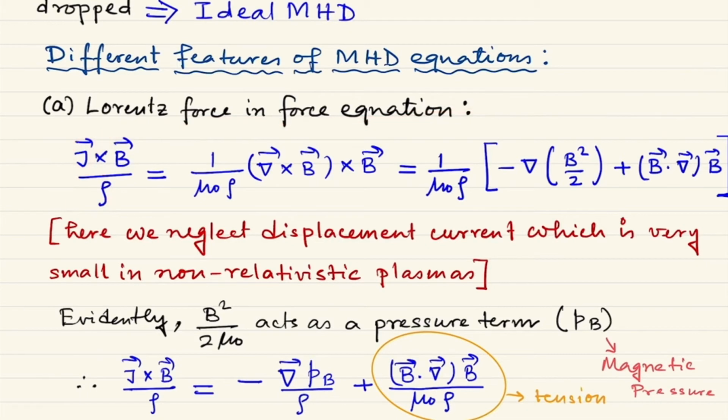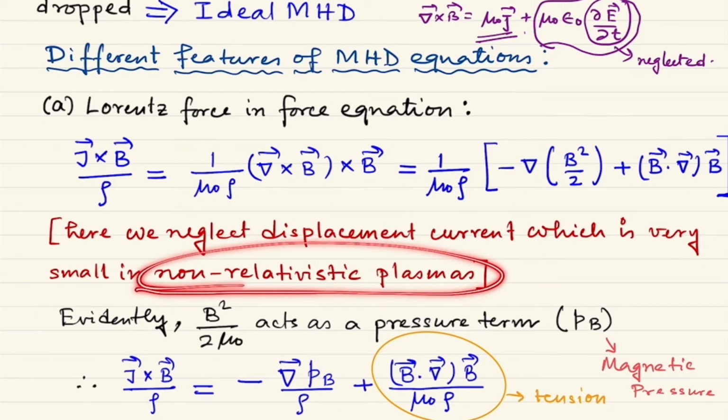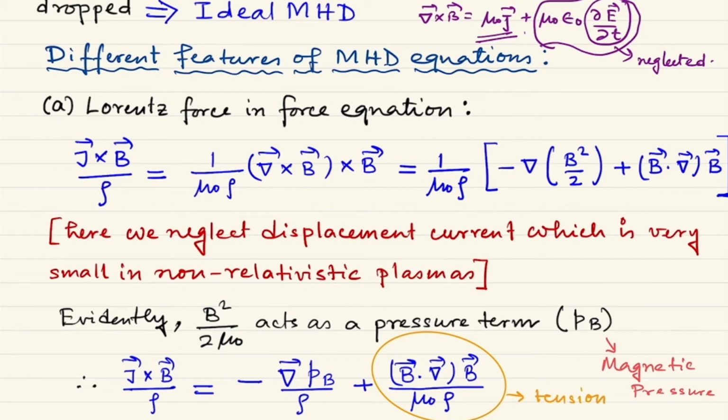But again, if you remember Maxwell-Ampere's law, J can also be written through curl of B equal to mu naught J plus mu naught epsilon naught del E del t. Now this is called the displacement term, and this term can be neglected with respect to the other term. You can show by order analysis that this is neglected if the plasma is non-relativistic, and we are considering here non-relativistic plasmas.